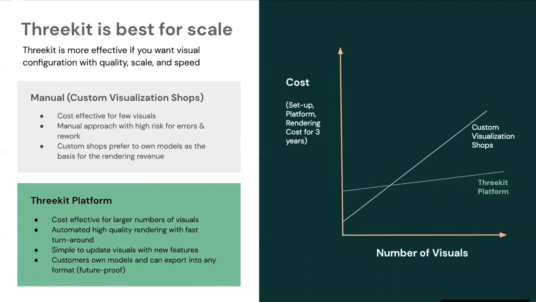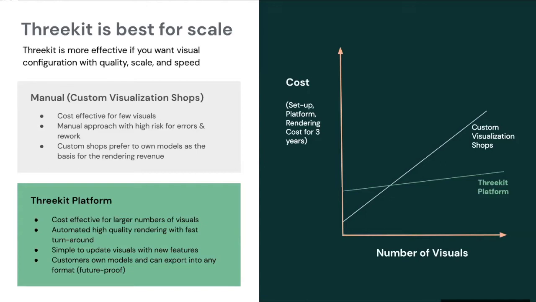You have to go in and basically rebuild everything, or make headaches of changes to add new materials, add new colors, go back and forth as far as new integrations. And this is where Threekit comes in to solve those problems, by just being able to create a large number of visuals, all starting from that one single design file. And more importantly, as your headless visualization software, we are able to integrate across basically any platform that you have.